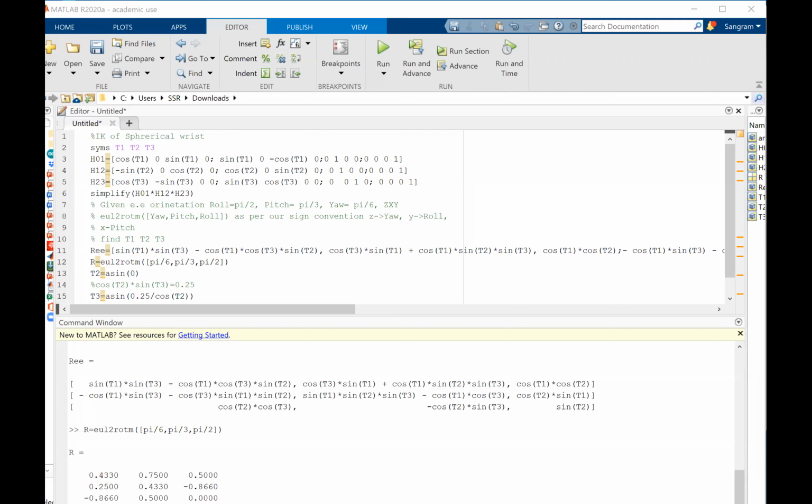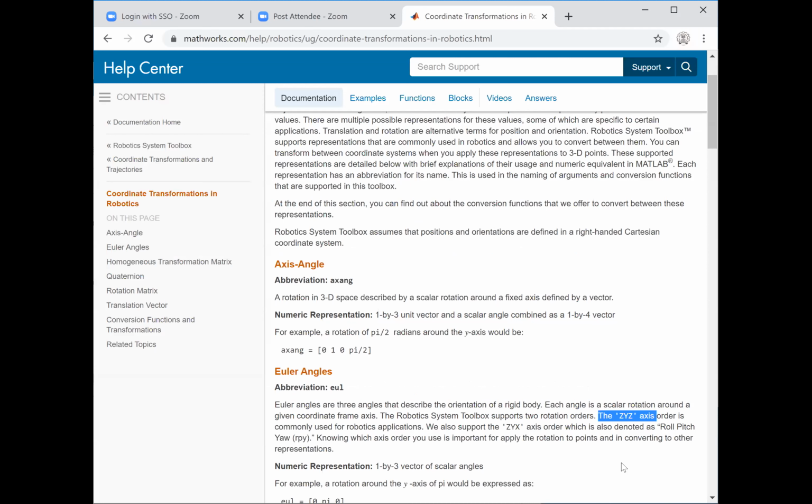I don't know if you have noticed this. There is an issue with MATLAB help. This is ZY. Okay, and I'll show it to you. Okay, can you see there is a typo in the MATLAB?